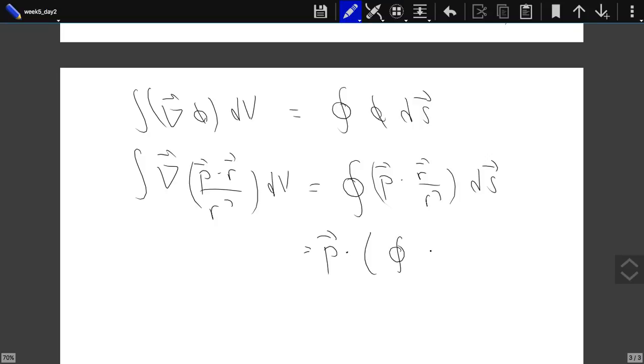P dot surface integral of r over r cubed. Let's see, let me take the components out, pi, this is ri ds. Now I have to evaluate that integral.